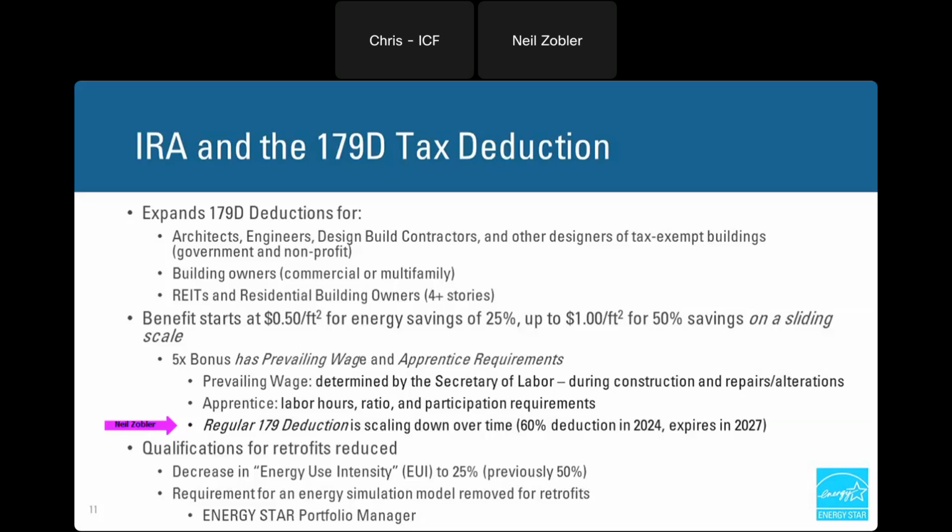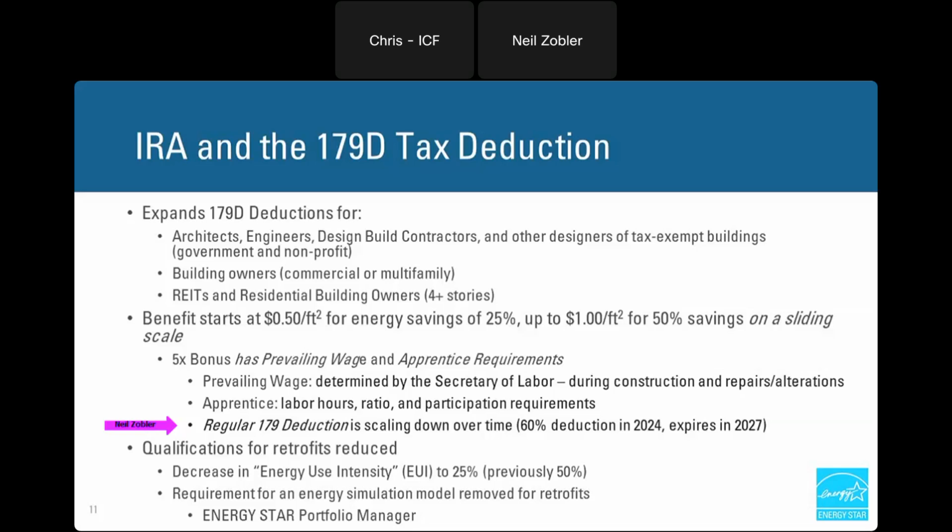However, that's being scaled down over time. Right now, you can only capture 60% of the 179, which is expiring in 2027, increasing the value of the 179D deduction for energy efficiency improvements. So while that might not have been a path in the past, it's becoming increasingly important with regards to being able to capture the value of doing your energy efficiency improvements.